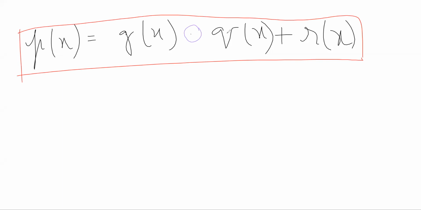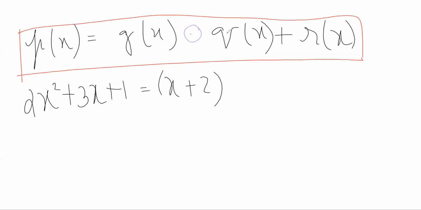Now we will write that problem in this division algorithm form. What is P of x in that sum? It is 2x square plus 3x plus 1, which is equal to, what is G of x in that problem? x plus 2 is the G of x. And what is Q of x? 2x minus 1 is Q of x. And what is R of x?